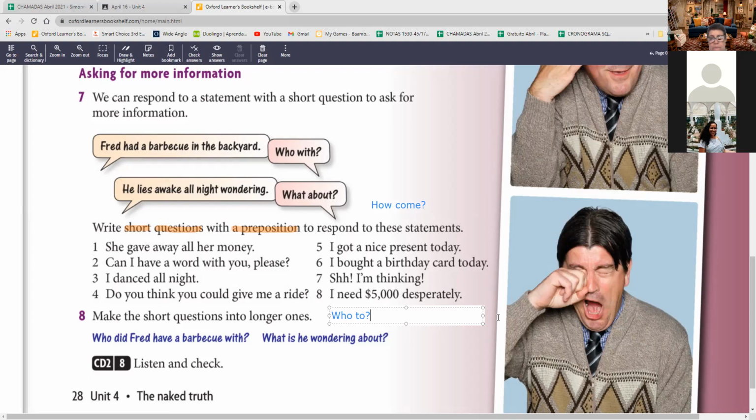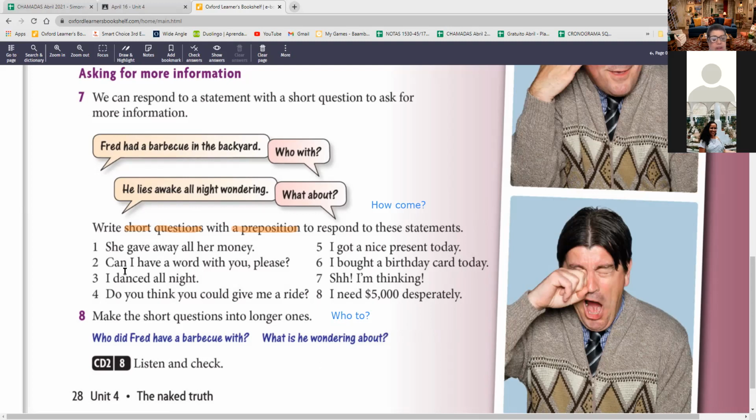If I put this question in the complete format, I would say, who did she give all her money to? But I can make it shorter. I can just eliminate the middle and keep only the first and the last. Who to?